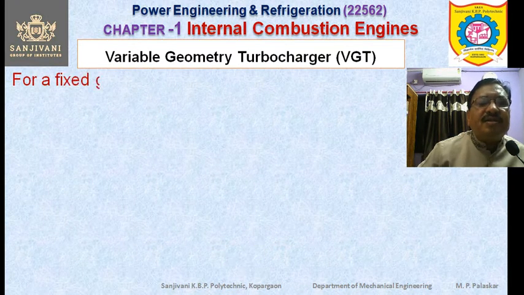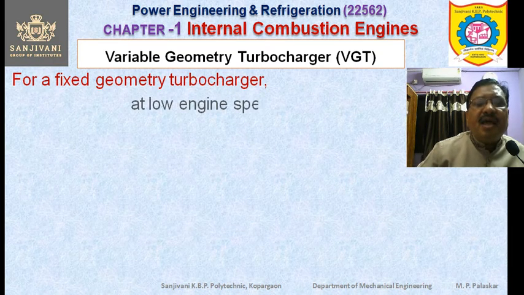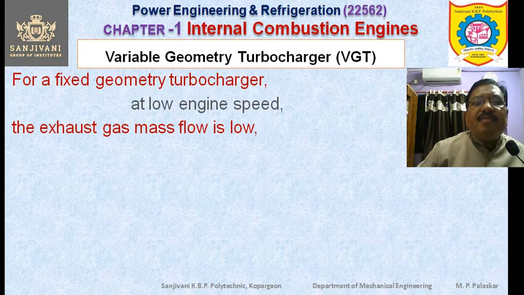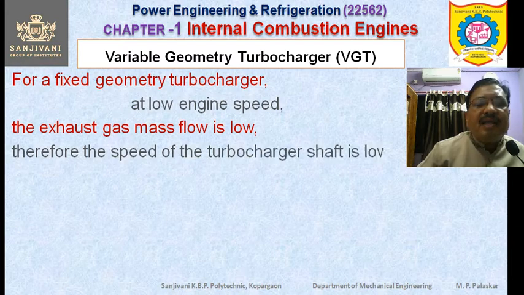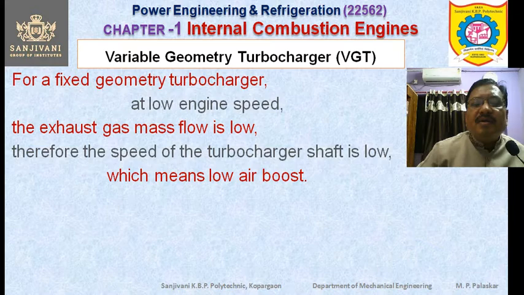So how to find the solution? For a fixed geometry turbocharger at low engine speed, the exhaust gas mass flow is low, and therefore the speed of the turbocharger shaft is low, which means low air boost.